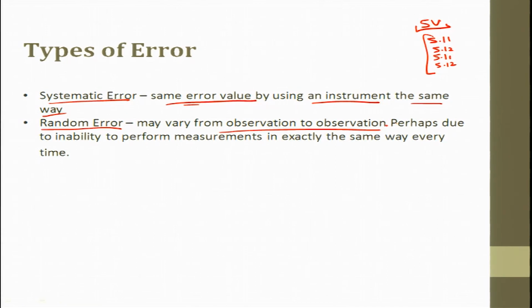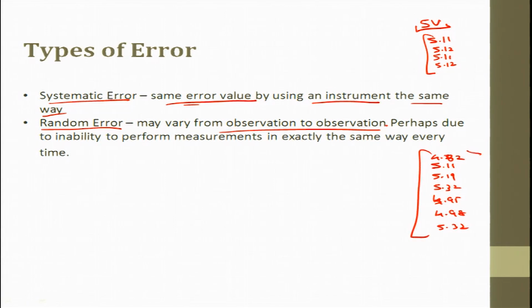There might be any change, but the thing is that the error is random, it is scattered. So it is something like 5.1, 5.11, 5.19, 5.32, here we can have 4.82, here we can have 4.95, 4.98, 5.32.